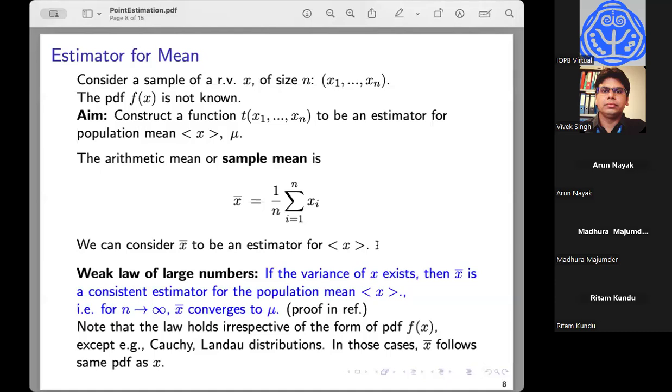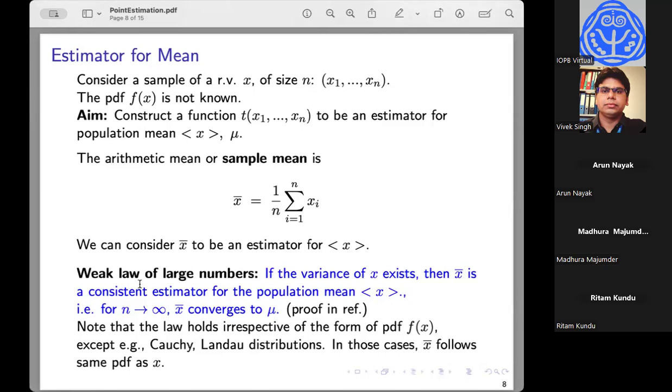There is one law called the weak law of large numbers. Yesterday we discussed the central limit theorem. This is another similar law, which states that if the variance of x exists, then you can show that the sample mean x bar is a consistent estimator for the population mean in the limit n tends to infinity.